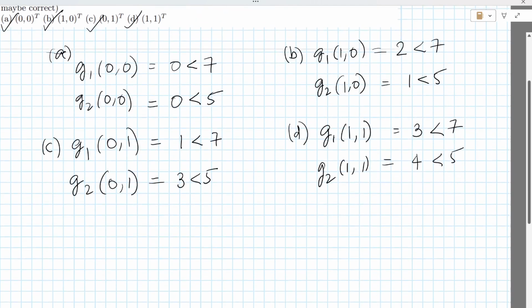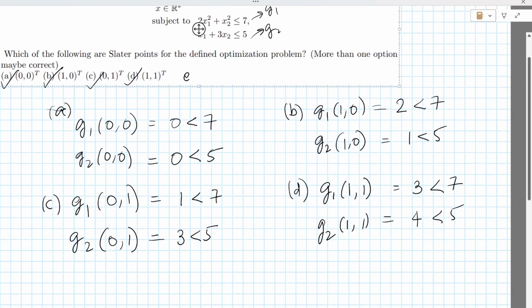Let's say I add one more point E, which is (2, 1).